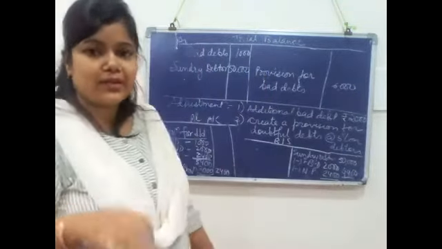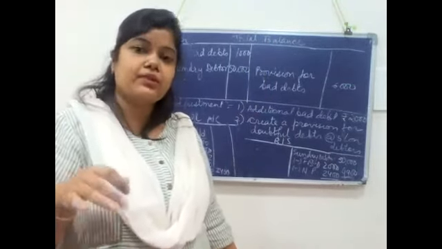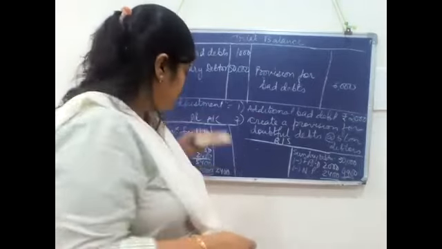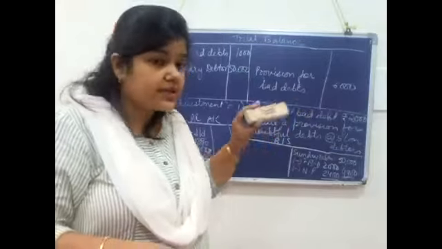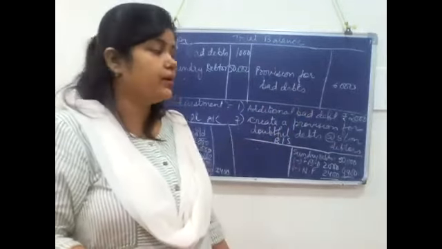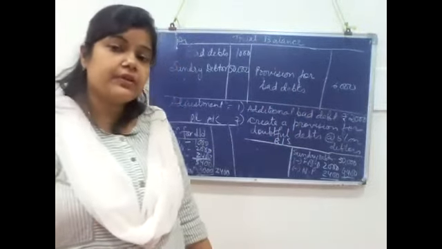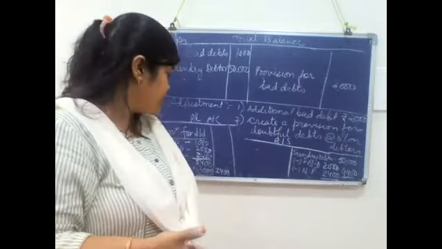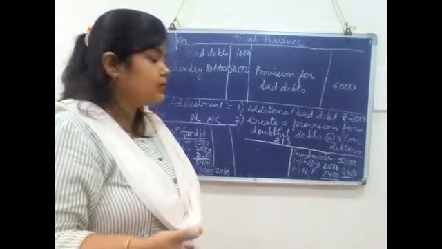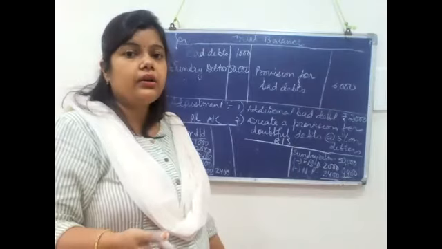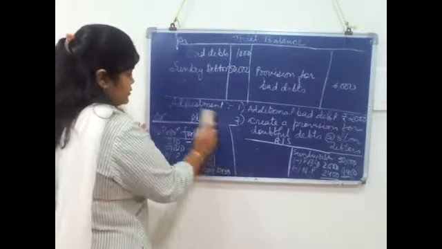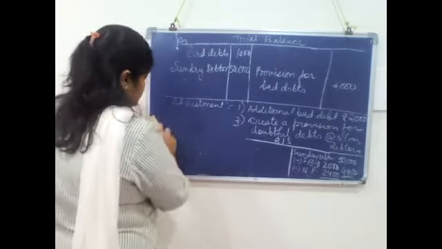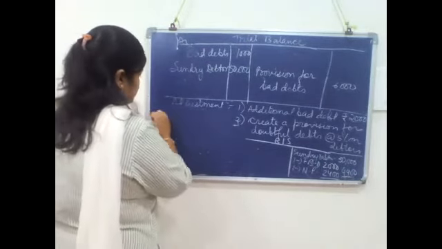That means the amount of 6000 is sufficient to meet this year's requirement of 5400. And after meeting that, we will have rupees 600 surplus with us, right? So instead of showing it on the debit side as an expense, in that case we will show it in the profit and loss account.